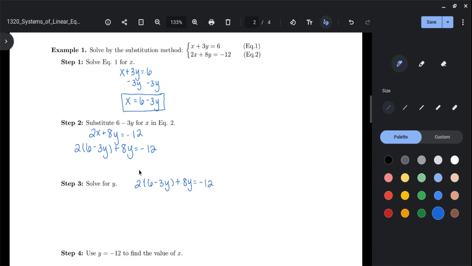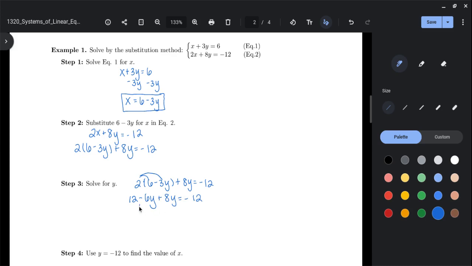So now, first thing I'm going to do is, in my parentheses, I'm multiplying by this 2, so I'm going to distribute it to both terms in those parentheses. So we get 2 times 6, which is 12, and 2 times negative 3y, which is negative 6y, plus 8y equals negative 12.